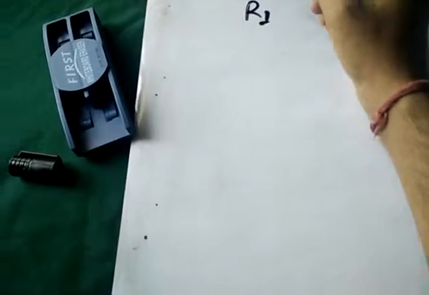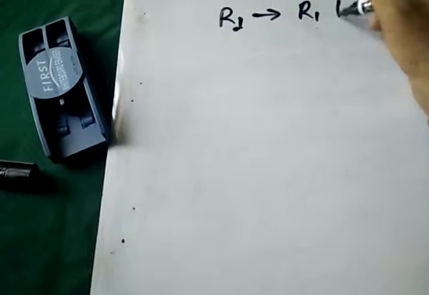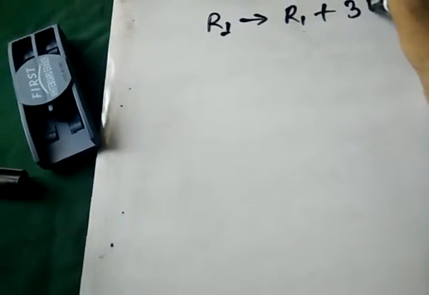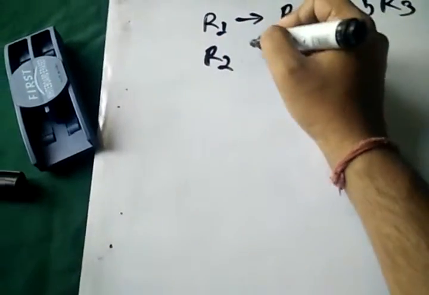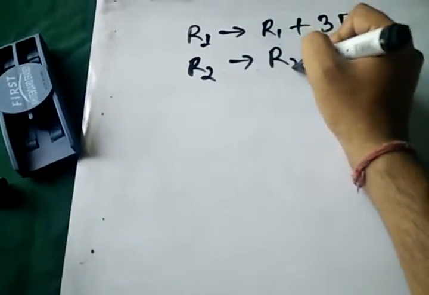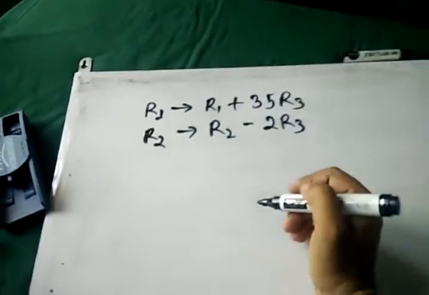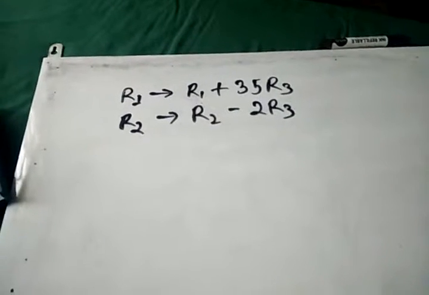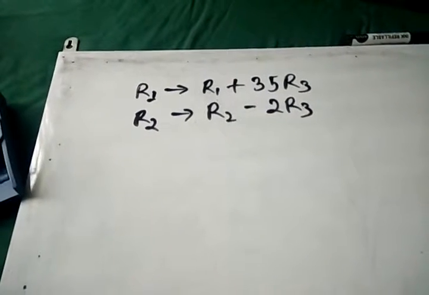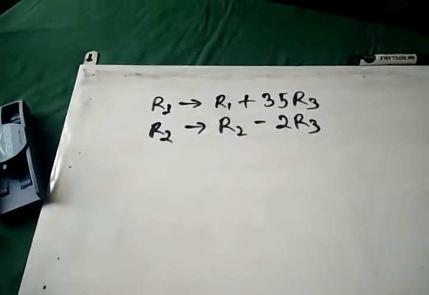Now R1 equals R1 plus 35 R3 and R2 equals R2 minus 2 R3. This is the equation we have made to solve, okay. We will find the x1, x2, x3 and x4 values by this method.